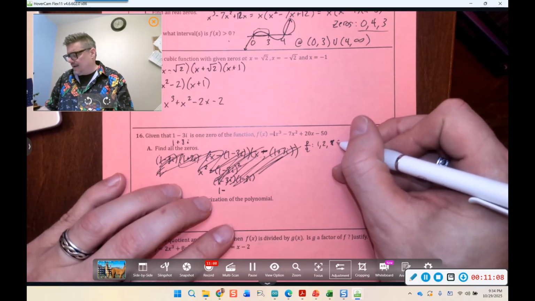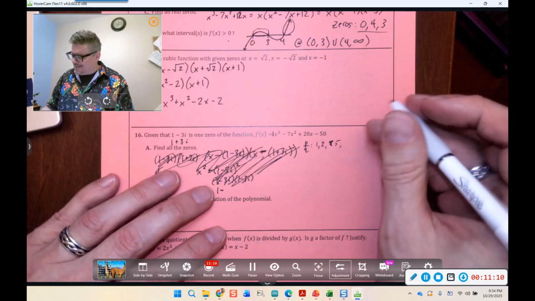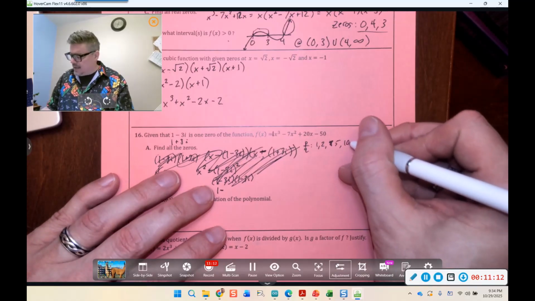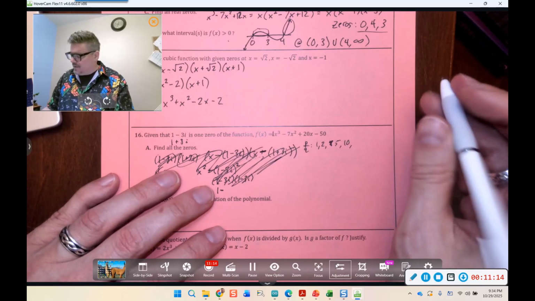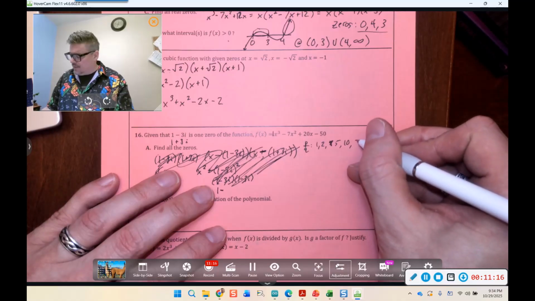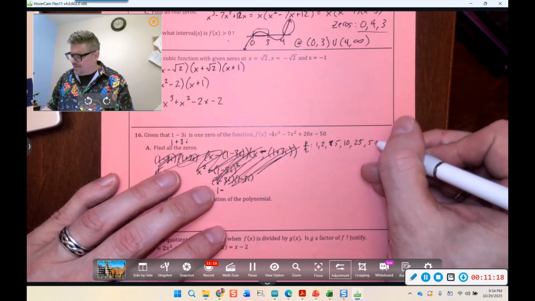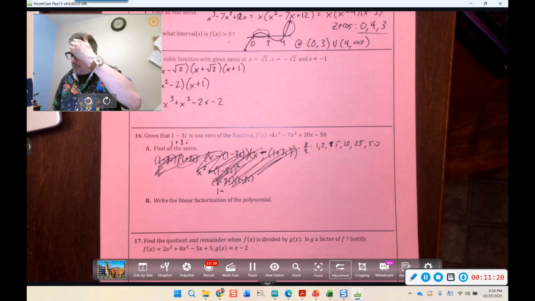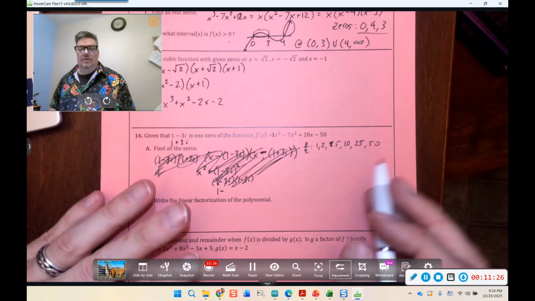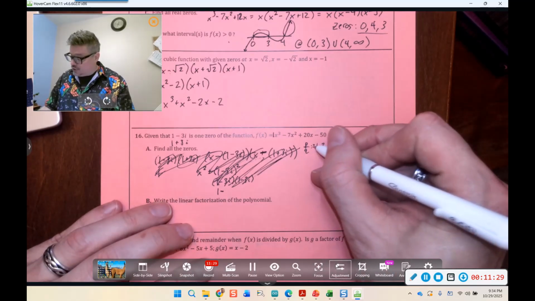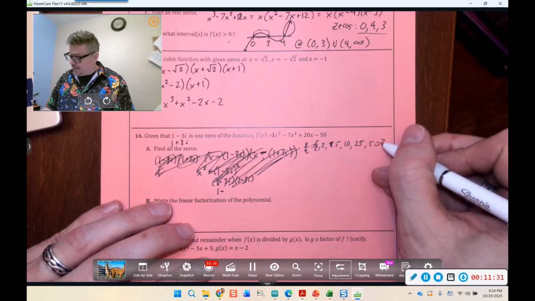No, 4 does not. 5 does. Then not 6, 7, 8, 9, 10. Not 12, 13, 14, 15, nope, 25. And then 50. Okay, I guess there's not too many. All right, yeah, that's okay. Now we got all of those negative versions too.